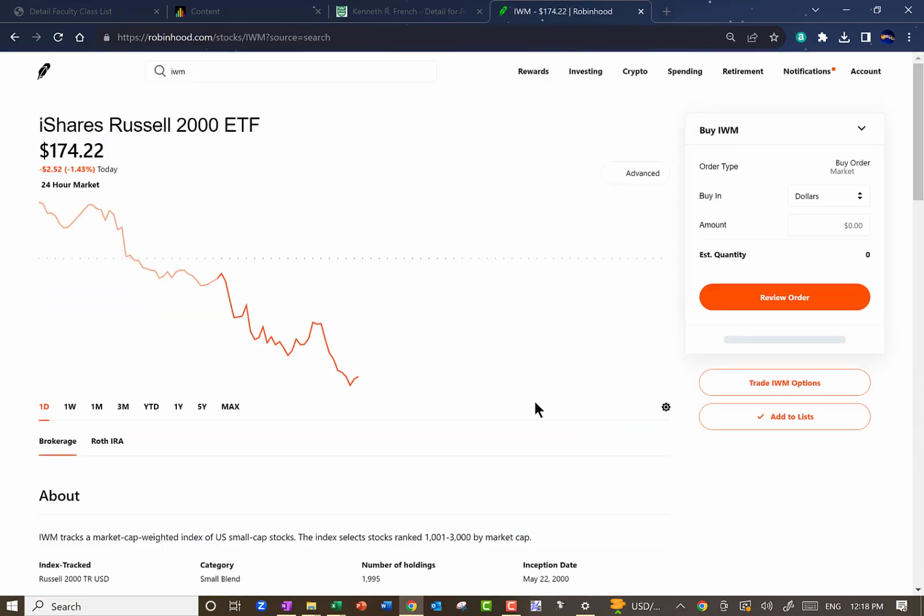IWM is an ETF for Russell 2000. Russell is an institution that does stock indexes. They have 3,000 companies in their analysis. Russell 2000 are the 2,000 smallest companies. Okay.